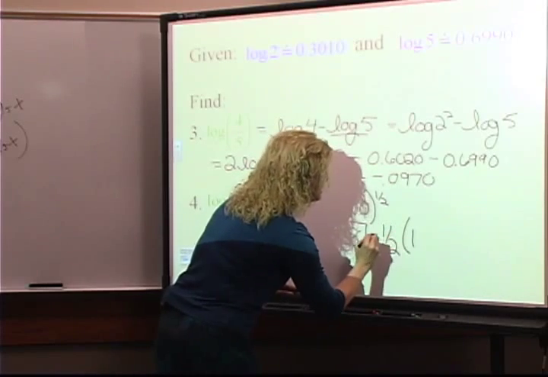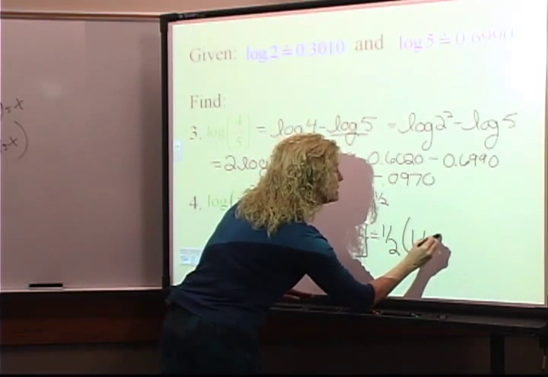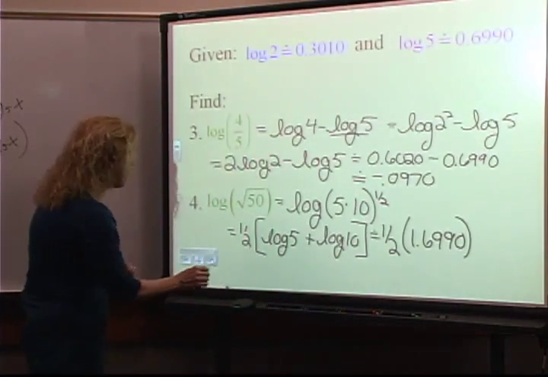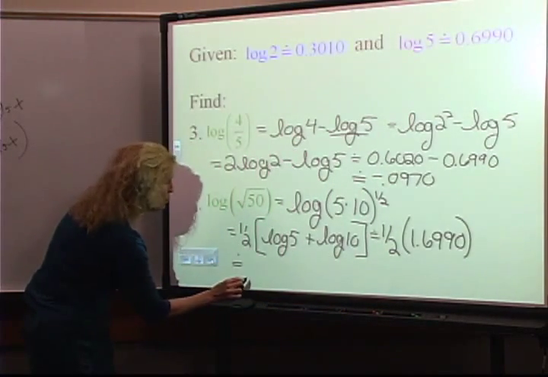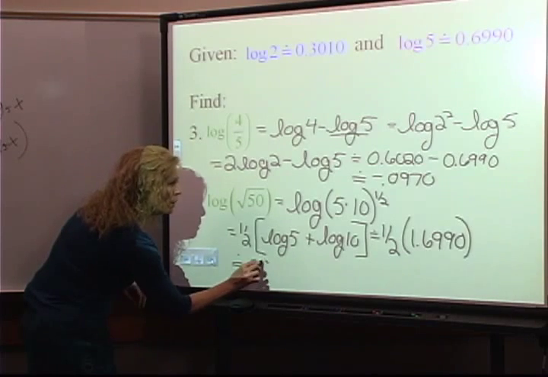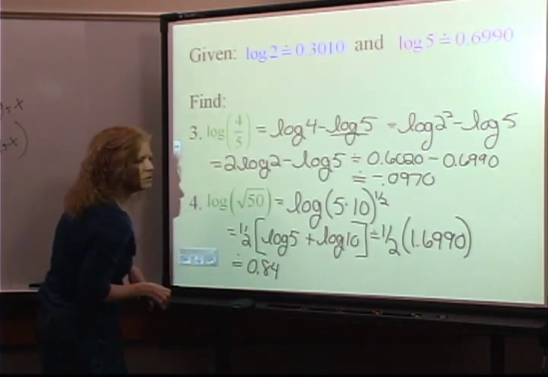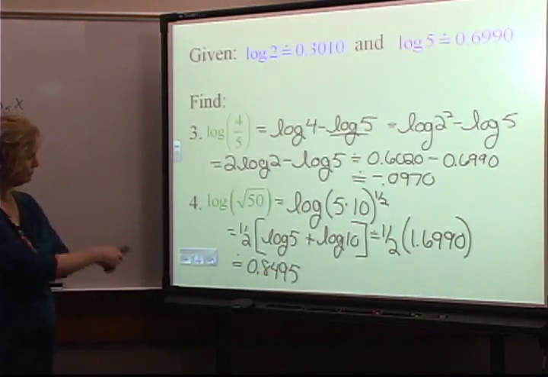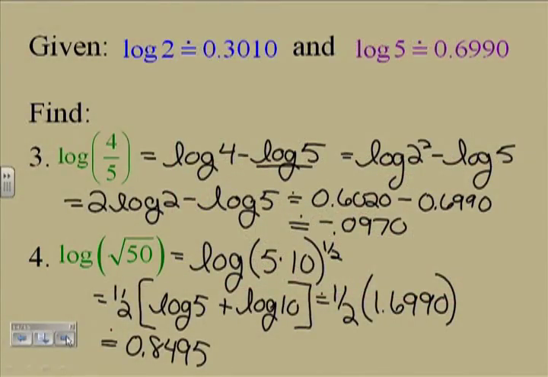So I have, this is an approximation, 1.6990. And that should be about equal to 0.8495 maybe. Yeah, you can double check that. And what's really nice is you can ask your calculator, what's the log of the square root of 50? And I'm guessing that's real good. Okay?